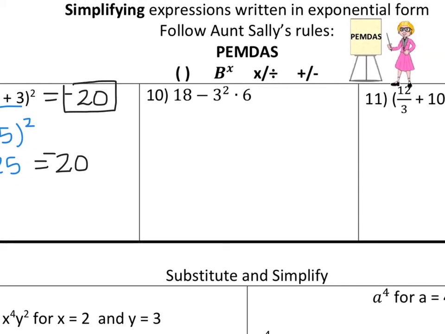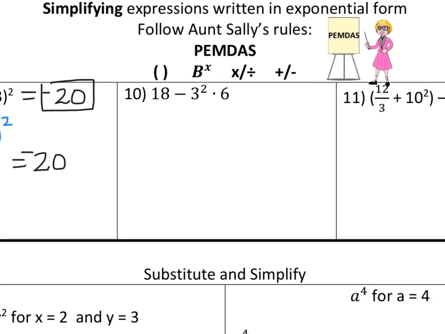Let's try number 10. So number 10 is 18 minus 3 squared times 6. The 18, can't do anything with it, minus 3 squared, we have to evaluate, and 3 squared is equal to 9, and then times 6. So we have to do multiplication and division first, so this needs to come first.